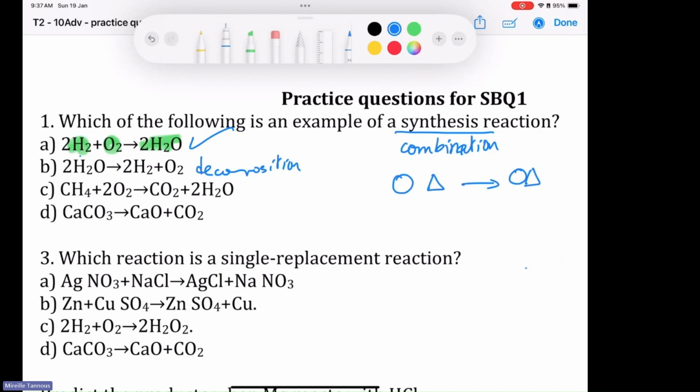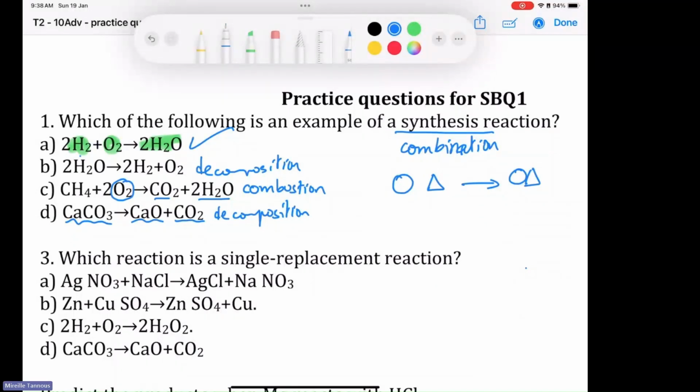In choice C, whenever I see oxygen, CO2 and H2O, I call it only combustion. And the last one is decomposition. I have CaCO3 breaking into CaO and CO2.